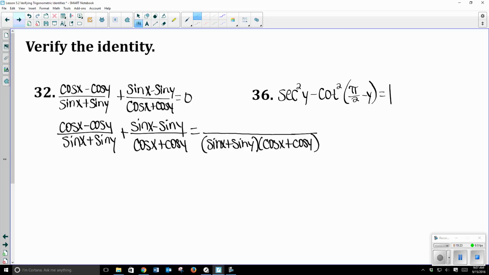Okay, so we know that the numerator for the left-hand side would be cosine x minus cosine y times cosine x plus cosine y. So if we do first, outer, inner, last, we would square the first, minus square of the last. Okay, bring over your sign for the other side. Same thing, square the first, minus square of the last.